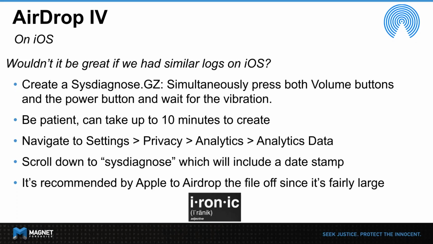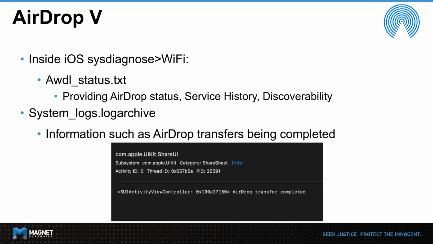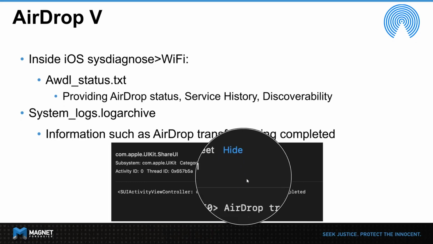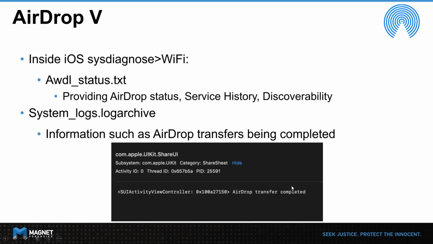Now, the kind of funny part about this is Apple actually tells you, since this is a fairly large file, mine have usually been about 30 to 42 meg, to AirDrop the file off the device. So keep that in mind. You're going to have to pull that gzip off the device, but there's going to be good AirDrop artifacts that you can potentially pull from that. And looking at this, this is inside that sysdiagnose. We can see things like the AirDrop transfers being completed from that log file.